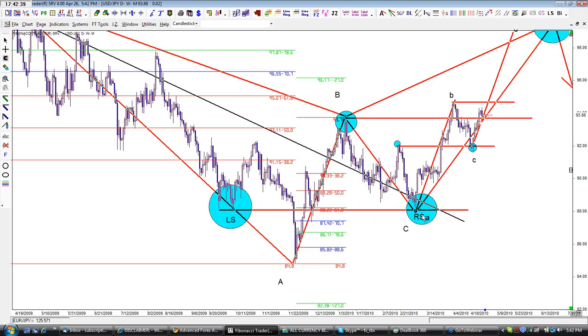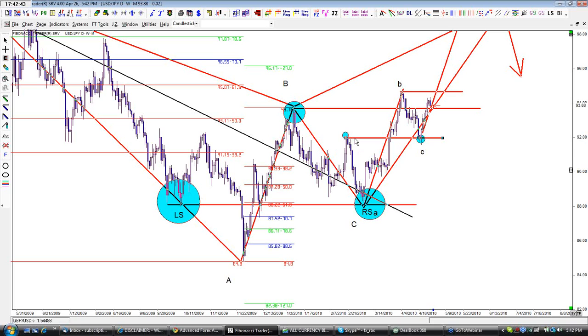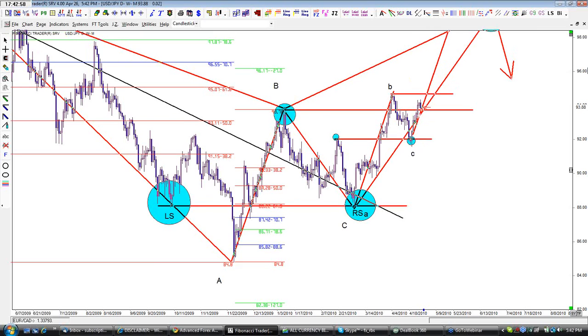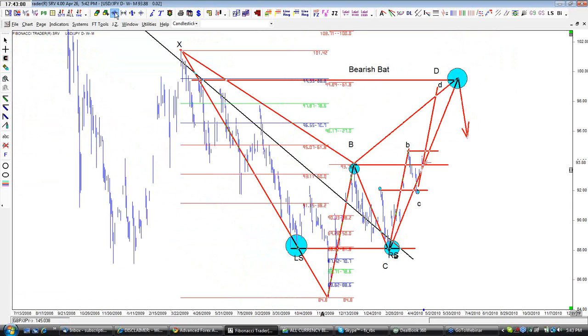After we hit the right shoulder, we've been trading bullish. Price broke this resistance, broke the next resistance, came back, retested the resistance, becoming support. Now it's continuing the bullish move.